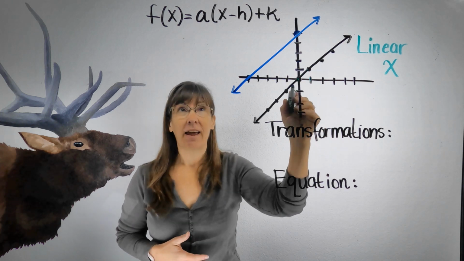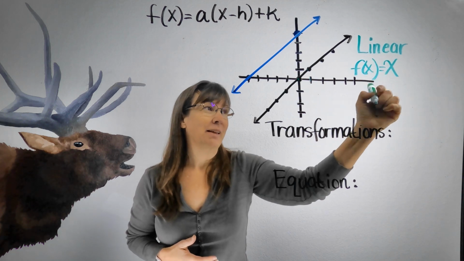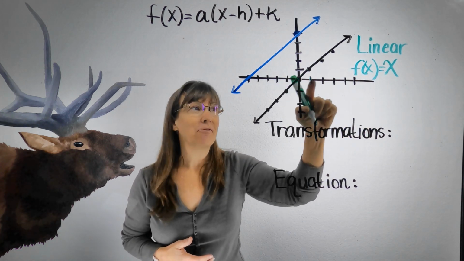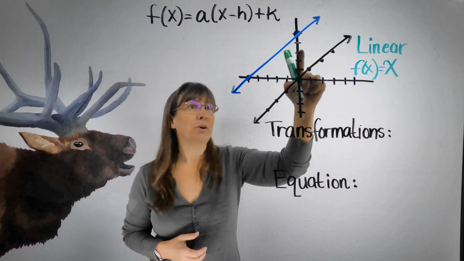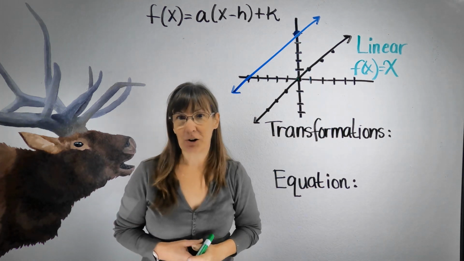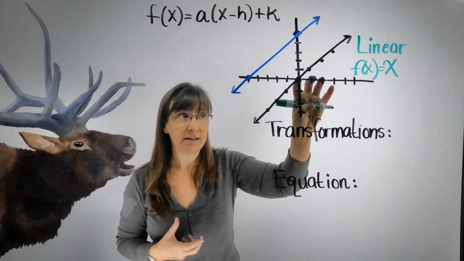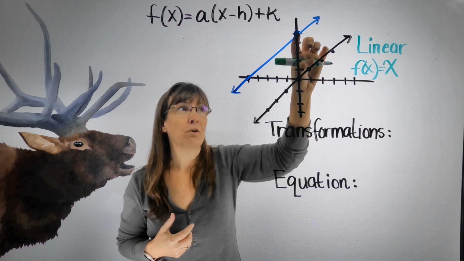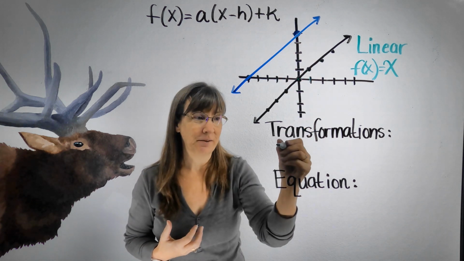In other words, if my input is a 1, my output's a 1. If my input's a 2, my output's a 2, etc. So then we're going to look at this blue line as our transformed function. But this center point, if you will, is up 1, 2, 3, 4, 5 places. And that is actually the only transformation here.